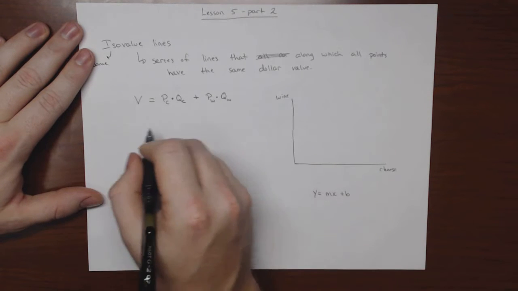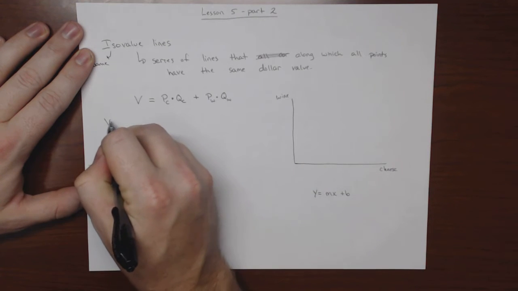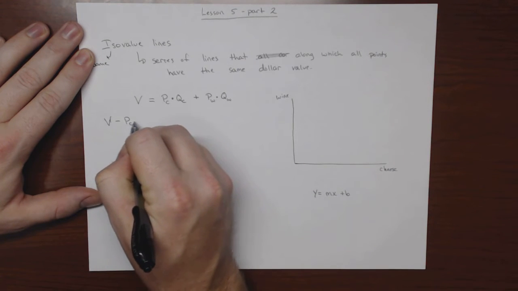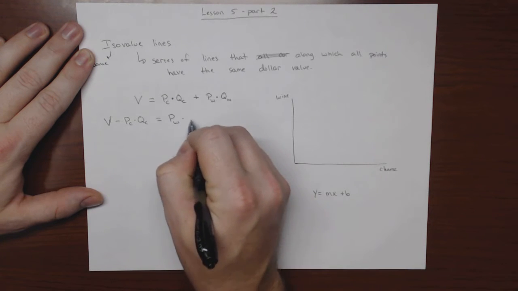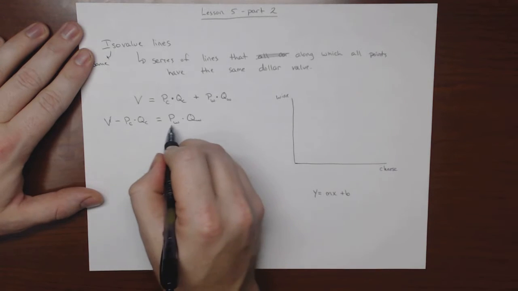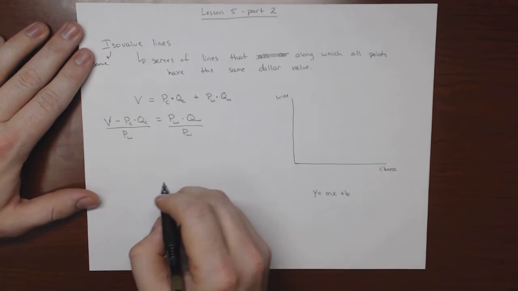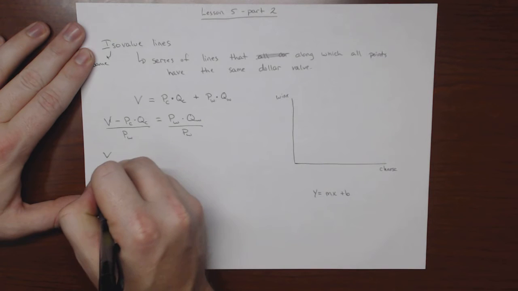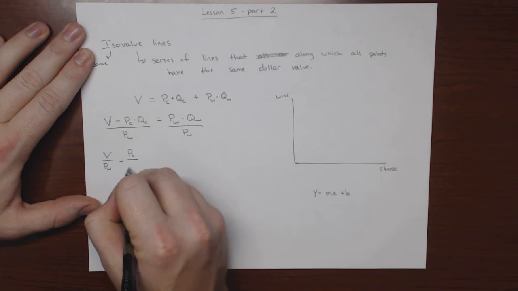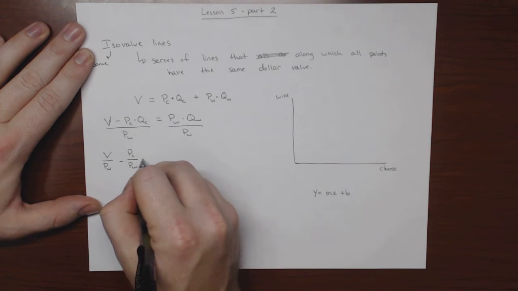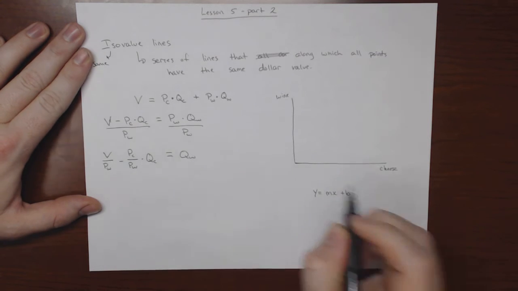Okay, so we solve for QW. So let's subtract PC QC from both sides. V minus PC times QC is equal to PW times QW. We'll divide both sides by PW. Okay, and that will give us V over PW minus PC over PW times QC is equal to QW.